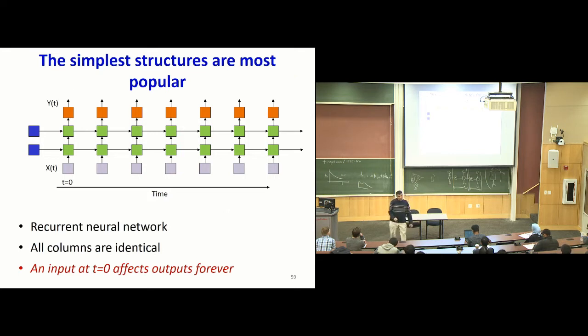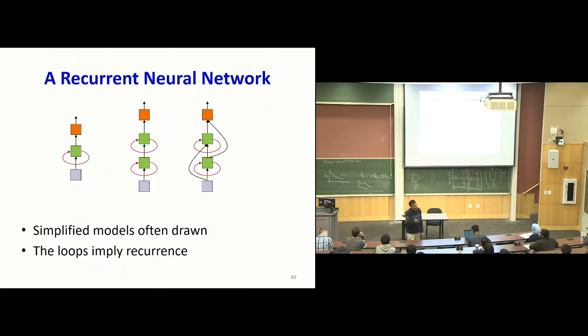Anyway, so moving on, the simplest structures are the ones that are most popular. This is a very simple structure, just two hidden layers, right? Very straightforward. These tend to be popular, and again, all columns are identical, and an input at any time is going to stay forever, right? Now, when people actually draw these things, the illustrations tend to be very simple.